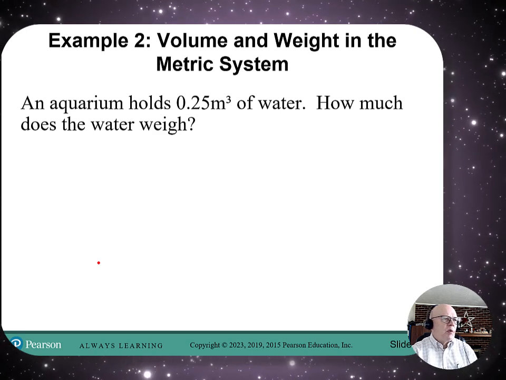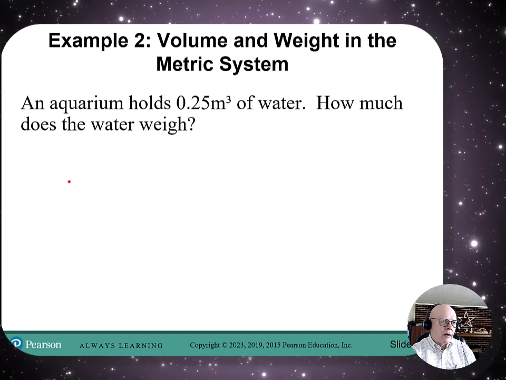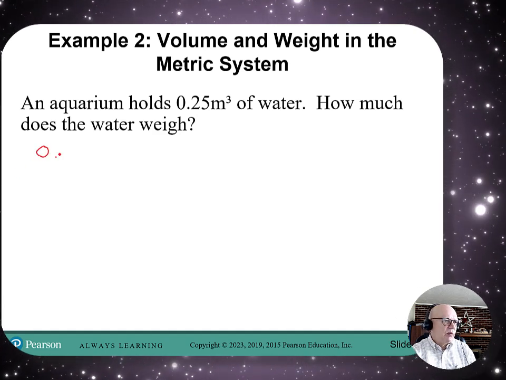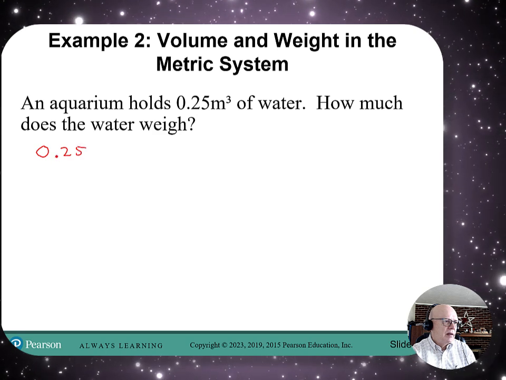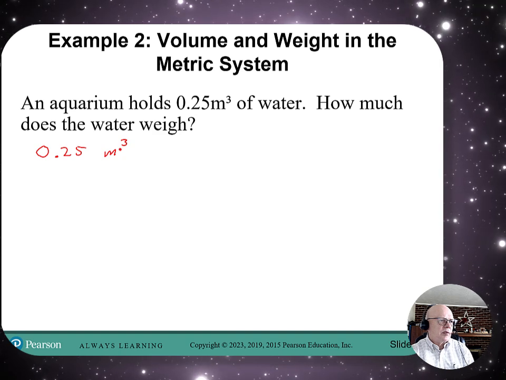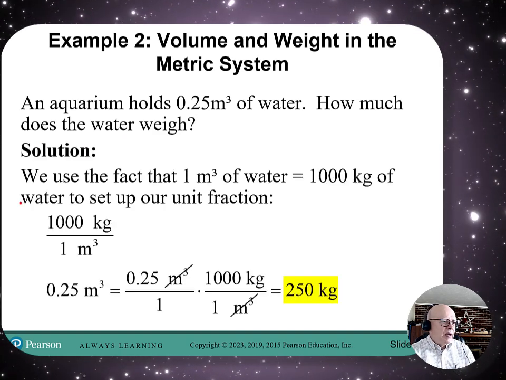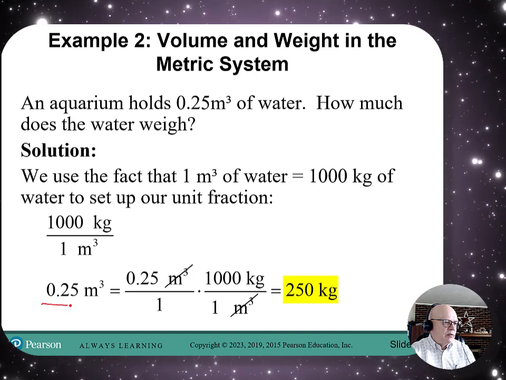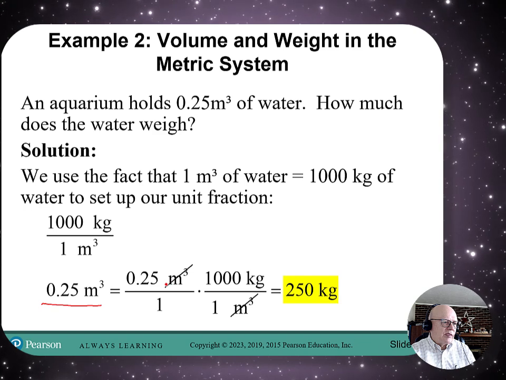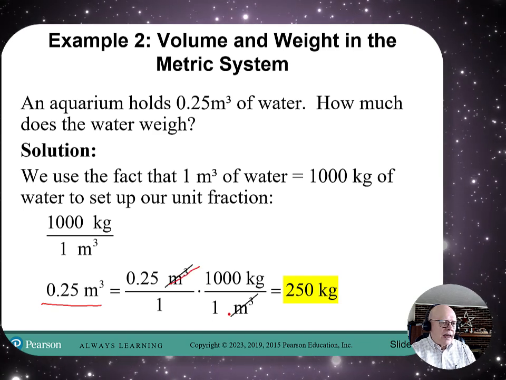Here's another one. We want to see how much 0.25 cubic meters weighs. What we're going to do is take that 0.25. Since we want to cancel out the cubic meters, we'll put that on the bottom.